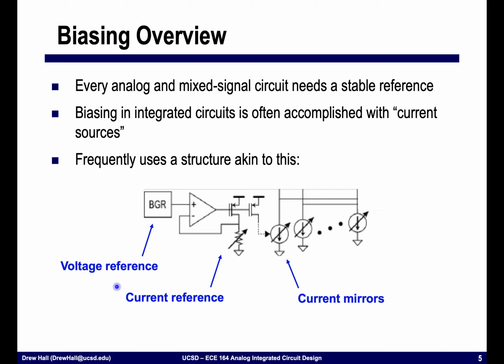We'll start off with a voltage reference, and this voltage reference will generate a voltage, ideally, that is independent of temperature and independent of process, meaning that if we make 10 million of these devices, it always has the exact same voltage at the output. Then this is connected to an amplifier with a transistor that's in feedback.